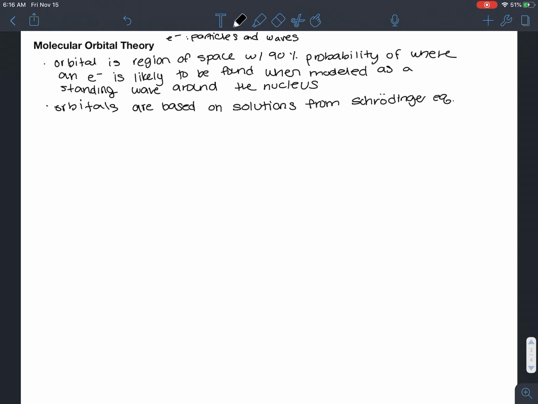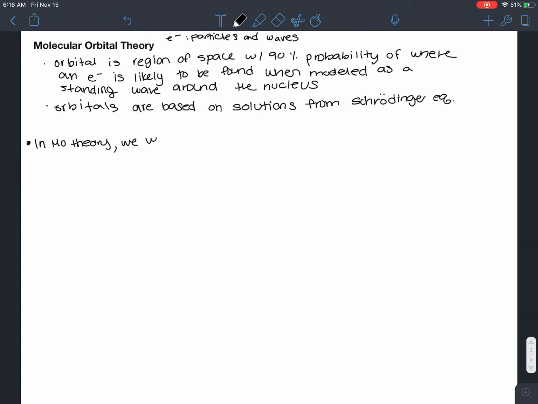Now, in molecular orbital theory, what we want to do is delocalize the electron by modeling them as standing waves around multiple atoms in a molecule. So we're not just trying to look at a single atom like we do in valence bond theory. We're trying to look at the entire molecule.